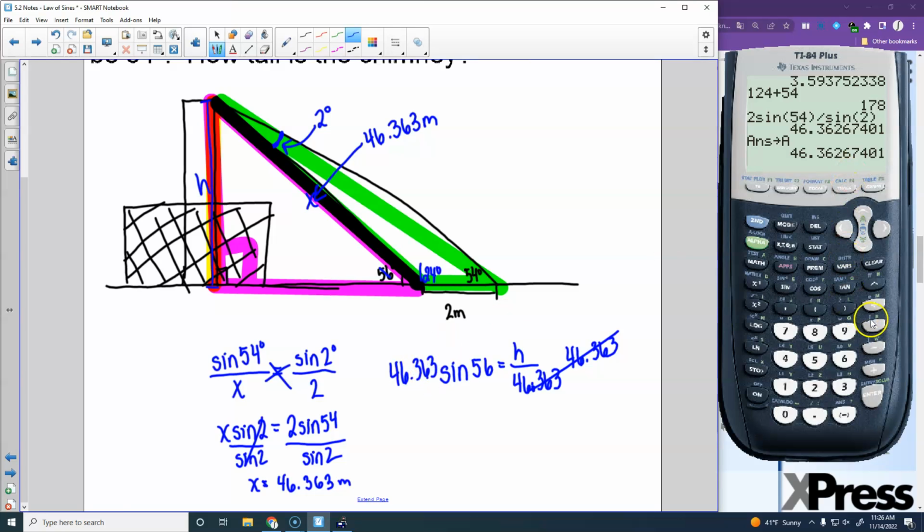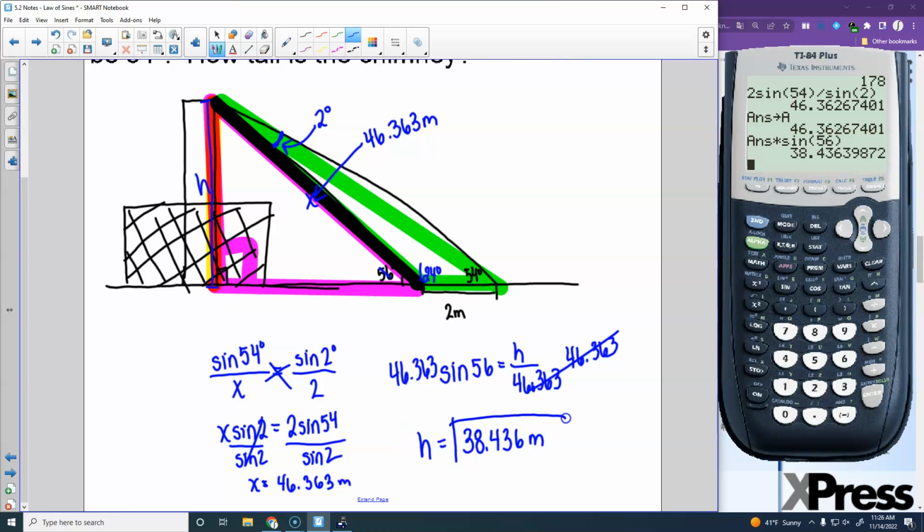And if I take that answer and multiply it by sine of 56, I will get 38.463, and that's meters. And that is my height. That is my answer. There.